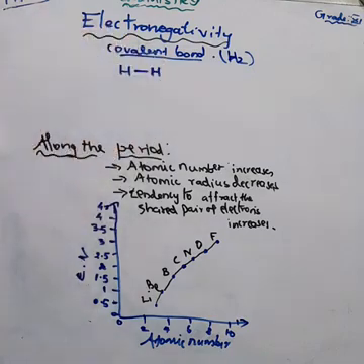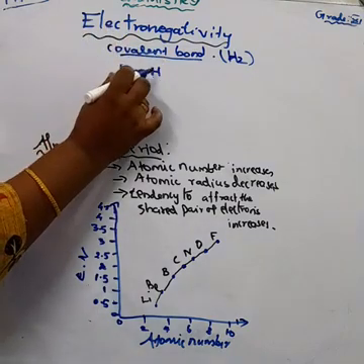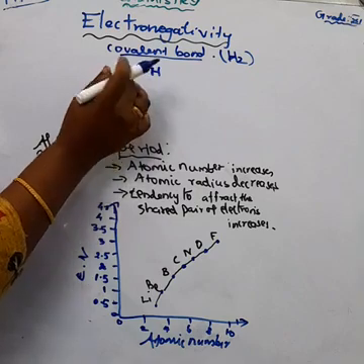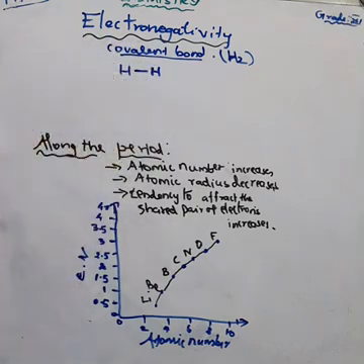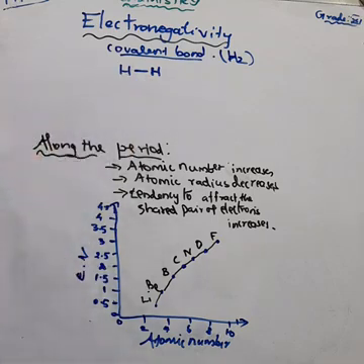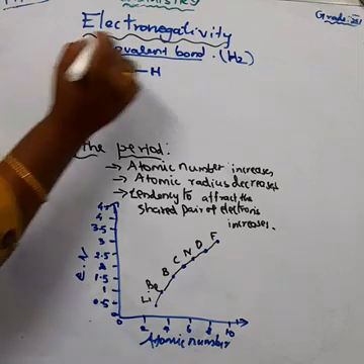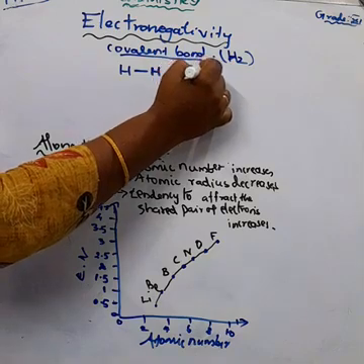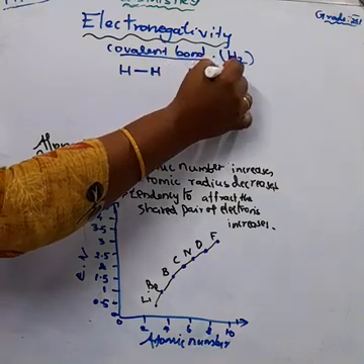Now, how is the hydrogen molecule formed? What do you mean by covalent bond? The bond formed between two atoms by mutual sharing of a pair of electrons. The hydrogen atom has only one electron, and the other hydrogen atom also has only one electron.